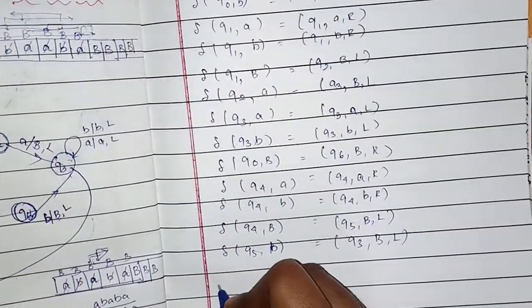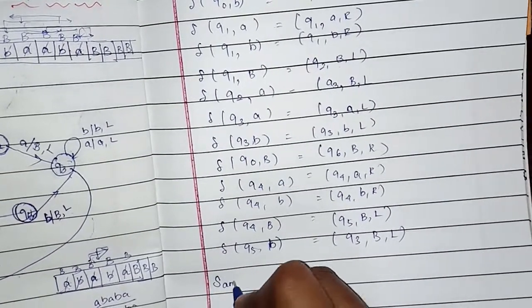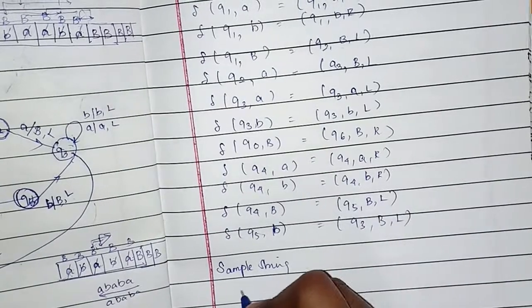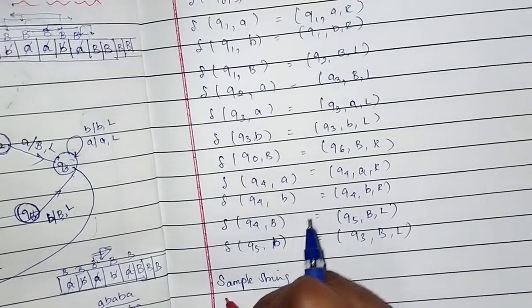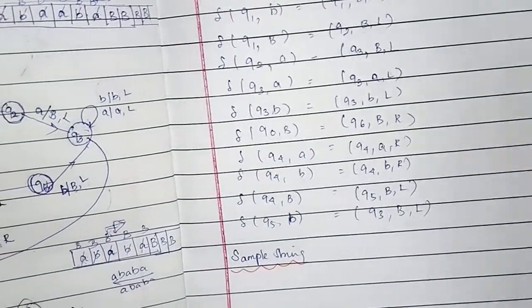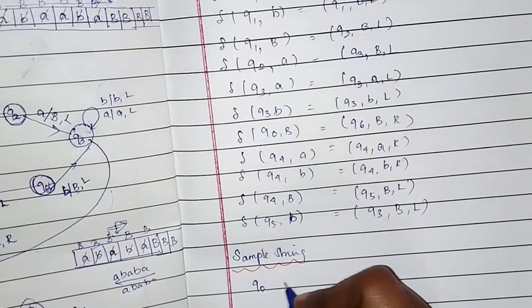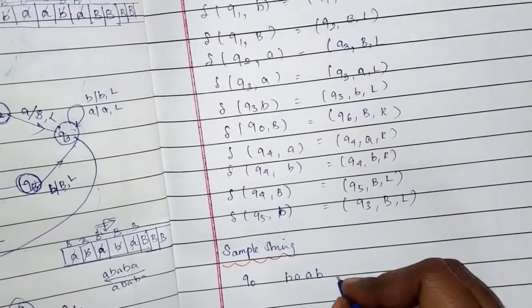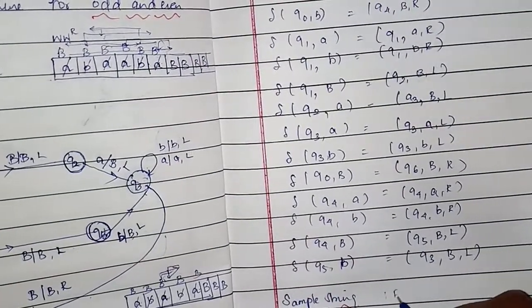So now we'll have this sample string. This sample string will have Q0 BAB. I'm having this for even length, right? Even.